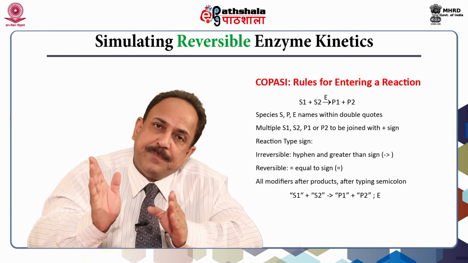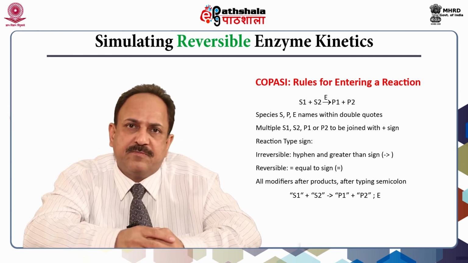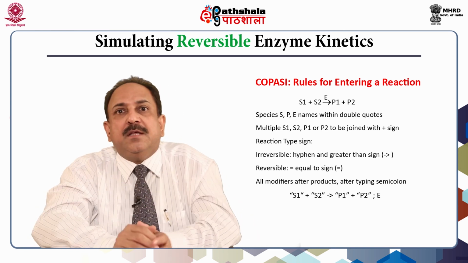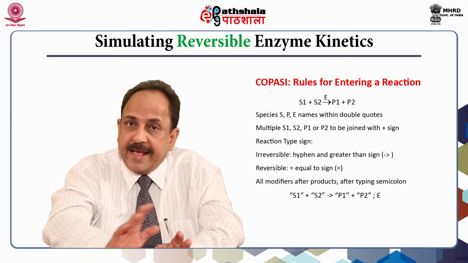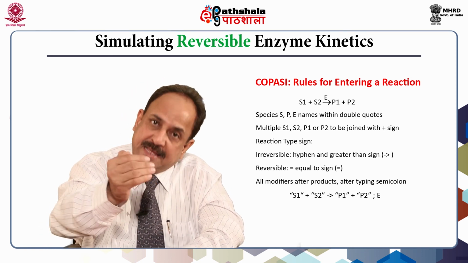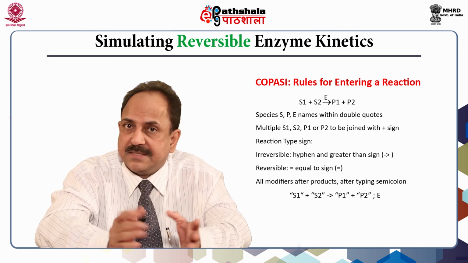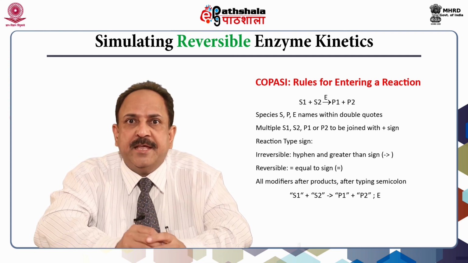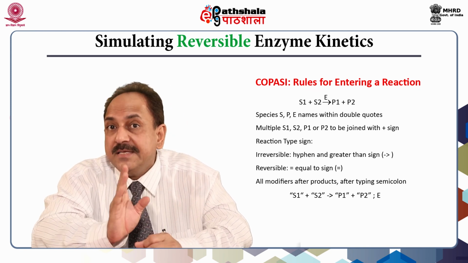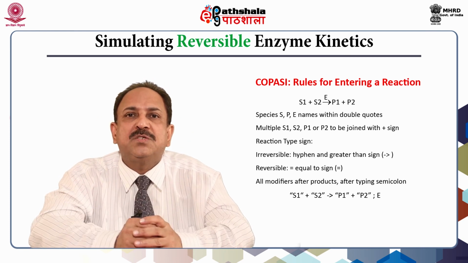Otherwise, type the name of the species continuously without any space in between, that is without any gap. If you don't have a space in the name of the species, that can be entered without enclosing within double quotes. But when the name of any species, maybe substrate, product, enzyme, has a space character, then it is to be enclosed within double quotes.